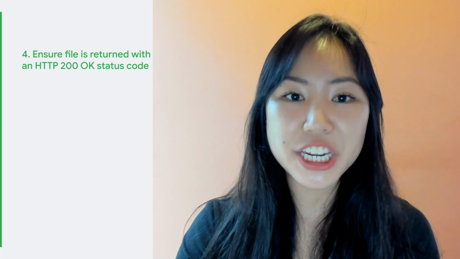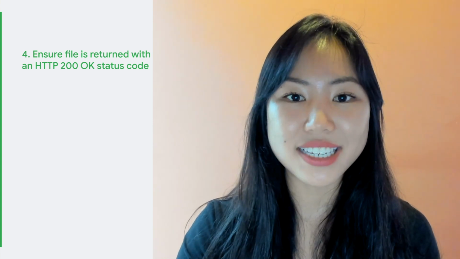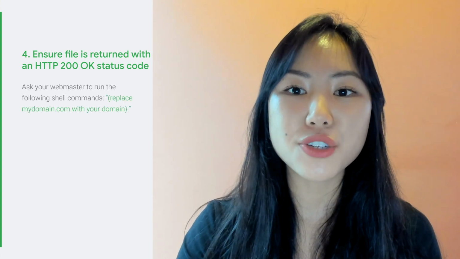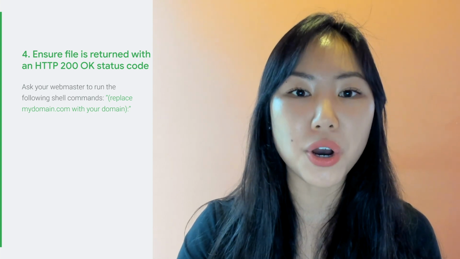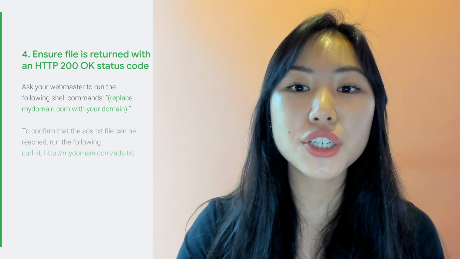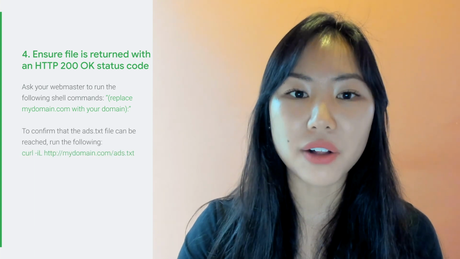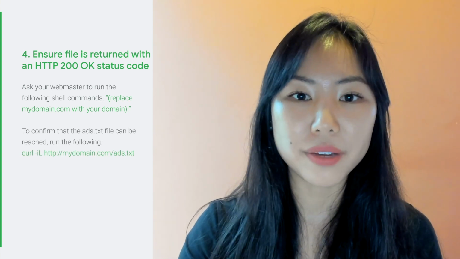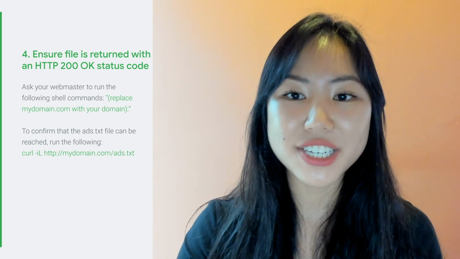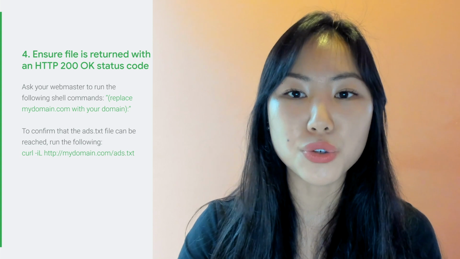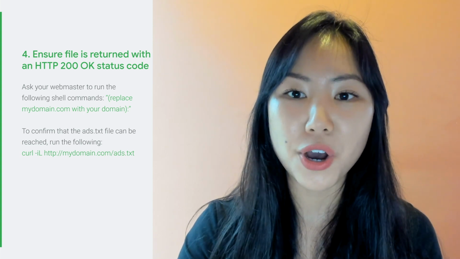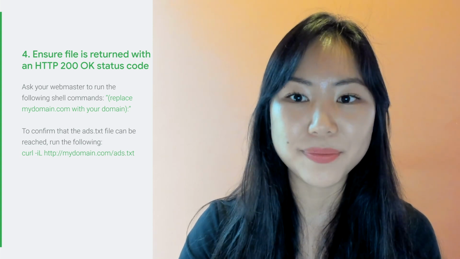To obtain an HTTP 200 OK status, ask your webmaster to run the following shell commands. Replace mydomain.com with your domain. To confirm that the ads.txt file can be reached, run the following. The contents of the ads.txt file should be returned as seen in the browser when you navigate to mydomain.com/ads.txt.